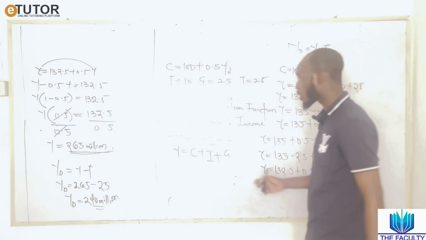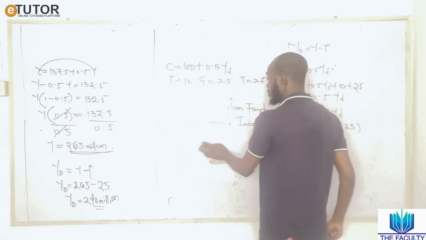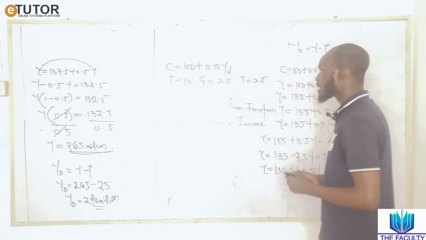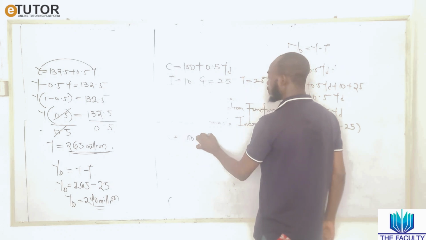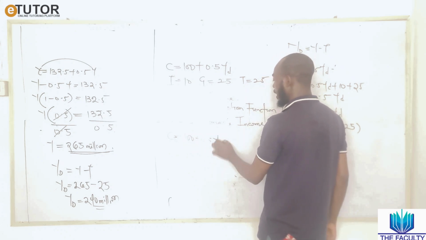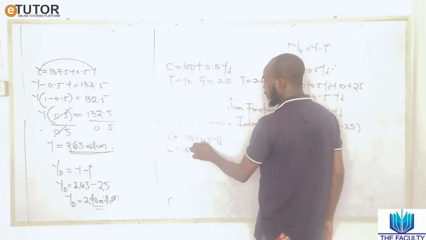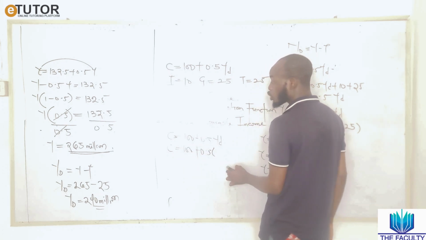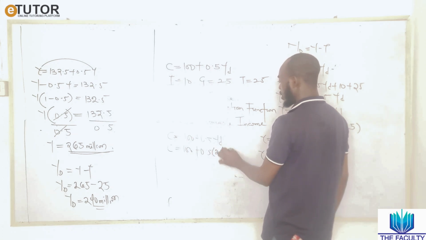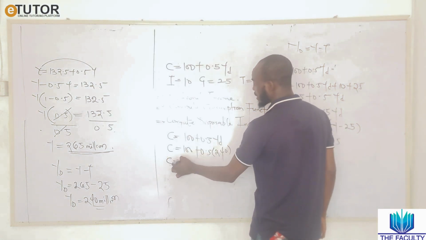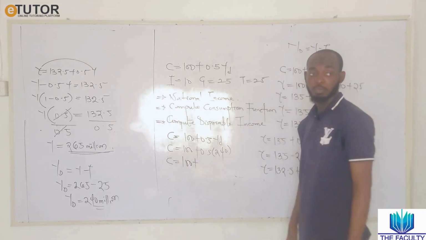So we just got our disposable income. The next one is to calculate our consumption function. From the outset, our consumption function was C is equal to 100 plus 0.5 YD. So we put in our disposable income of 240 million: C is equal to 100 plus 0.5 multiplied by 240.